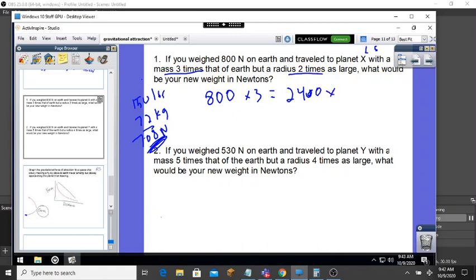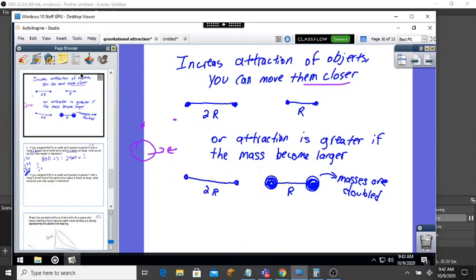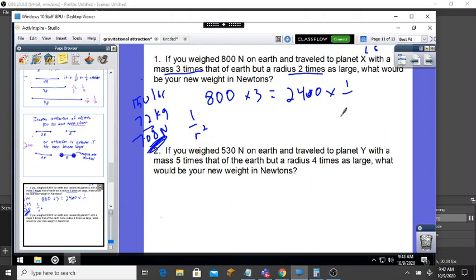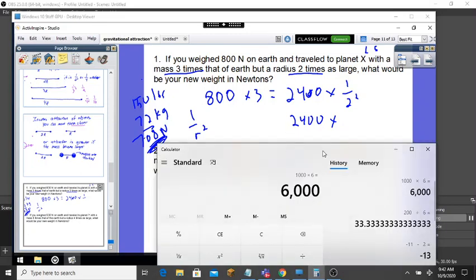So now what we're going to do to find our new weight is, it says the radius was 2 times as large. So we're going to use the 1 over r squared, which is what we learned up here, right? 1 over r squared. So 1 over 2 squared, which is 2,400 times 1/4.